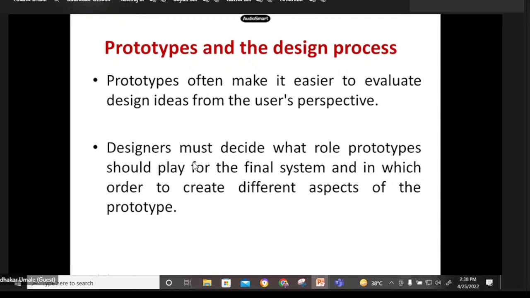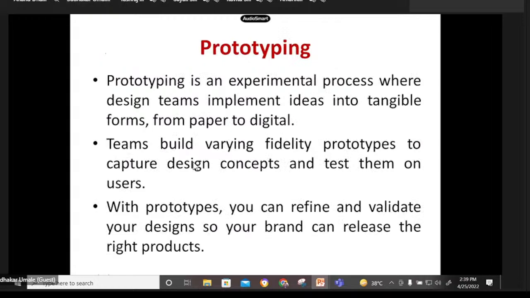The user's perspectives are very important. They give their perspectives of design and it is evaluated by the prototype. Designers must decide what role the prototype should play for the final system and in which order to create different aspects of the prototype. So from all these prototype concepts, designers will create different aspects of the prototype and select the final design.